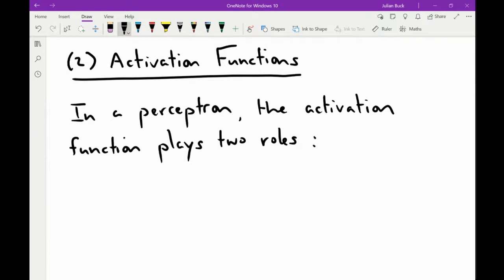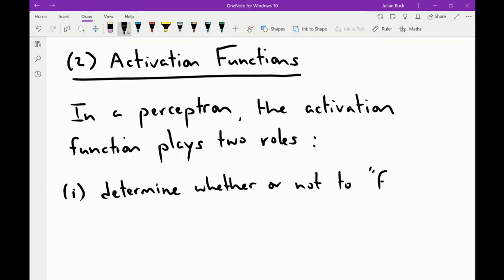So, number one is to determine whether or not to fire. And what we mean by fire is transmit a non-zero output.